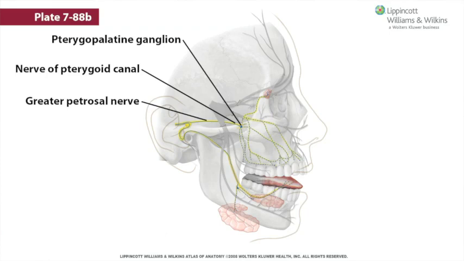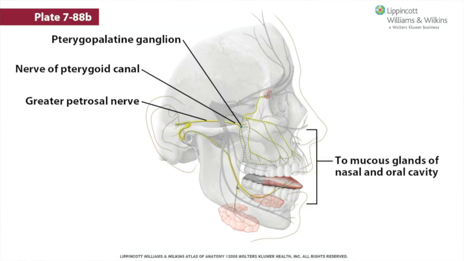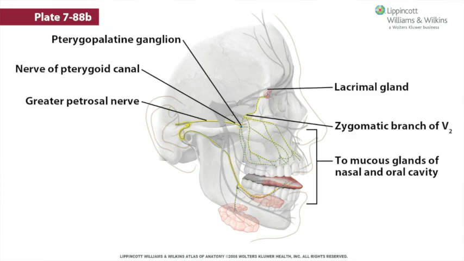The deep petrosal nerve does not synapse here, but the greater petrosal does. Its postganglionic parasympathetic fibers go to the mucous glands of the nasal and oral cavities and travel with the zygomatic branch of the maxillary division of the trigeminal nerve to reach the orbit, where they ultimately supply the lacrimal gland.